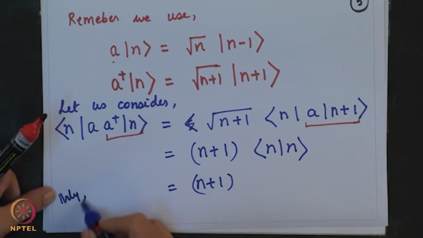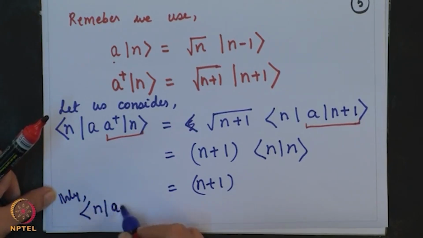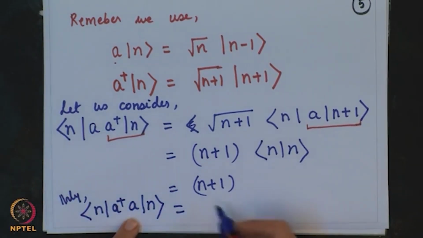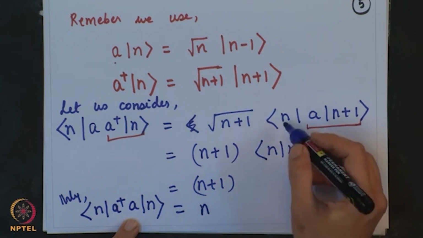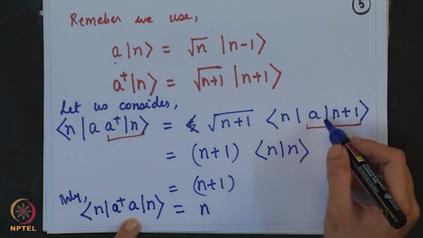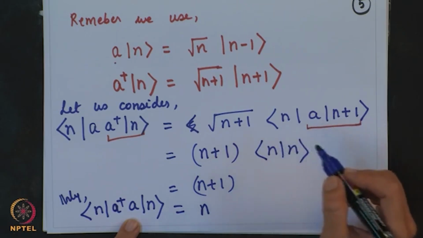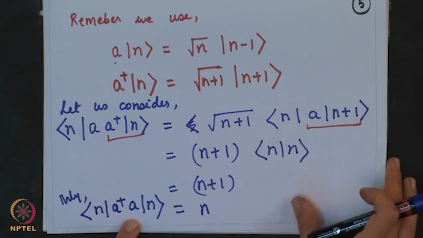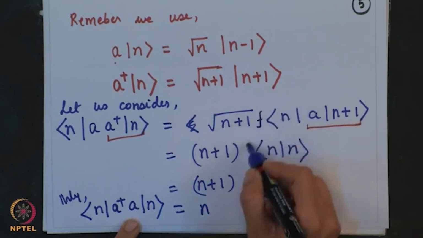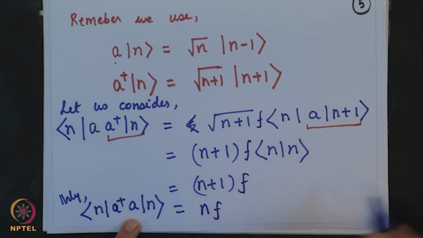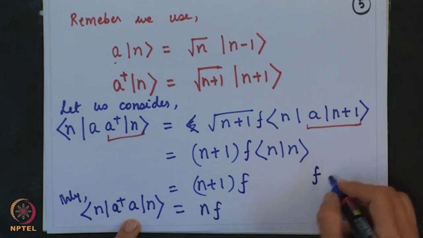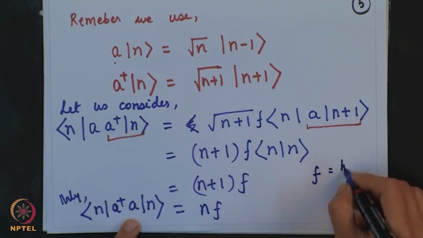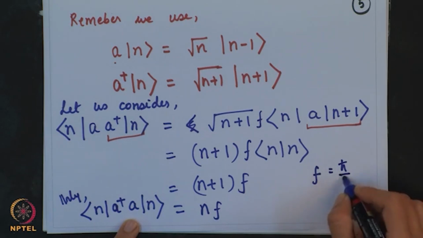Similarly, you can obtain A dagger A on n. You can make a guess here, you will get n. I have dropped the factors, h cross upon 2 m omega, that we will put here, whatever the factors were. For the time being I have just dropped the factors, but the factors will be there. So, what was our factor? For P, it was h cross omega by 4, I think.